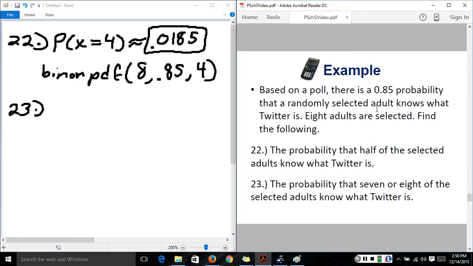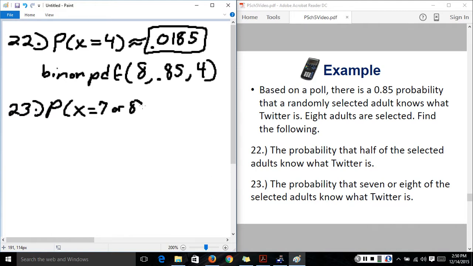Find the probability that 7 or 8 of the selected adults know what Twitter is. Okay, so this would be the probability that x is 7 or 8. Well, to find that out, I can use binom PDF and find the probability that out of 8 adults with a 0.85 success rate, exactly 7 will know what Twitter is.